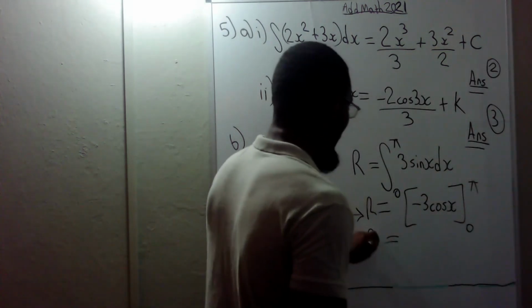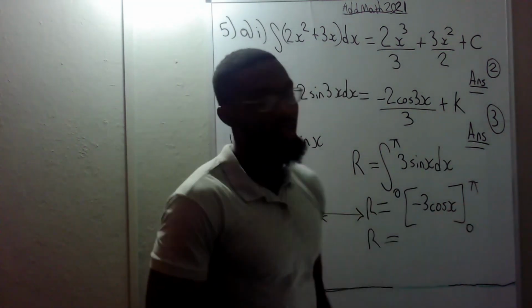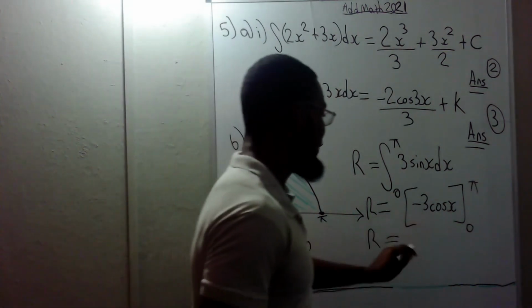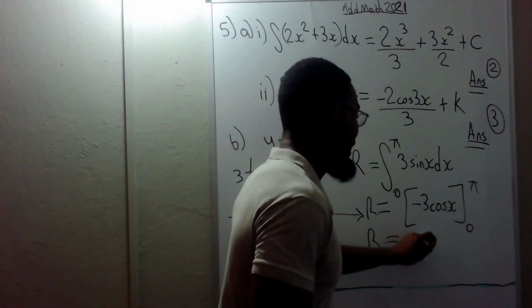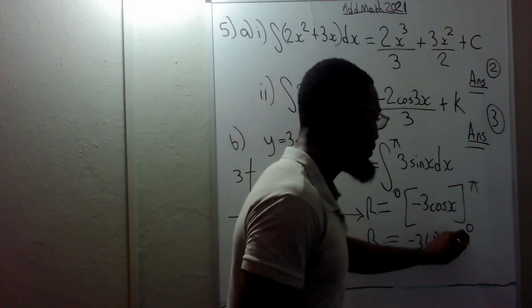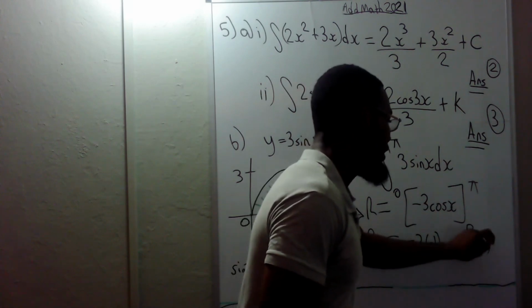Now guys, therefore R, meaning the area, when you put in pi, the cos of pi is negative 1. So this becomes negative 3 times negative 1, minus, the cos of 0 is 1, so minus 3 times 1.